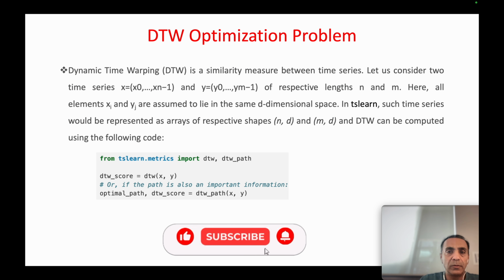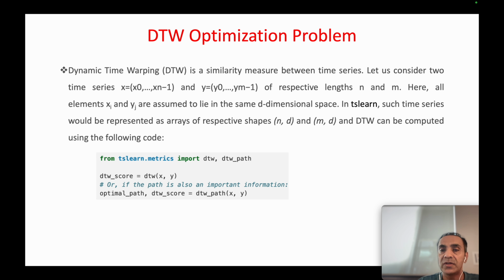So the DTW optimization problem is where we find the similarity between two time series. For example, you have two time series x and y of respective lengths n and m.